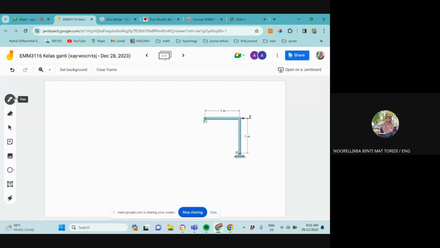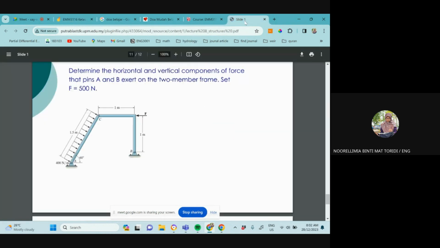This is the free body diagram for member BC. And then the other one is member AC.